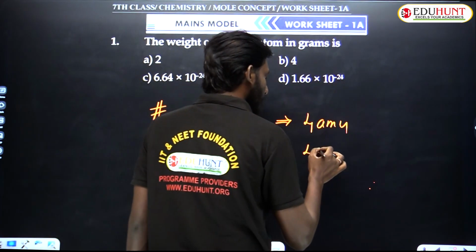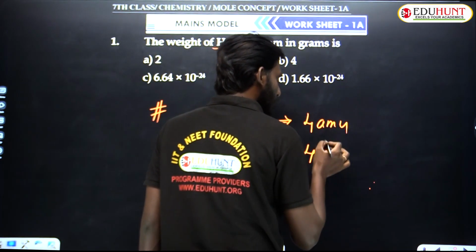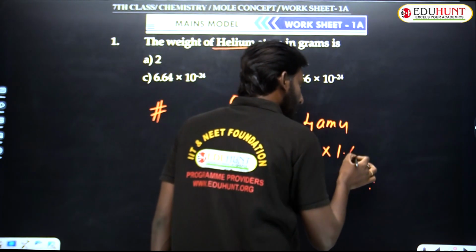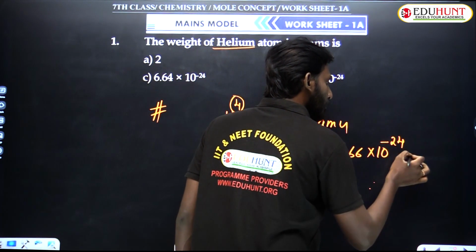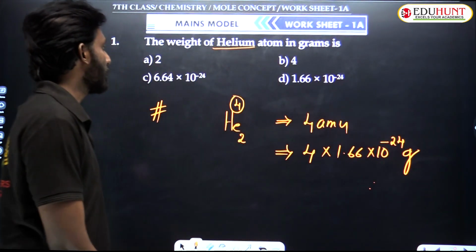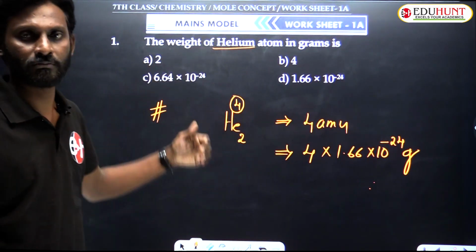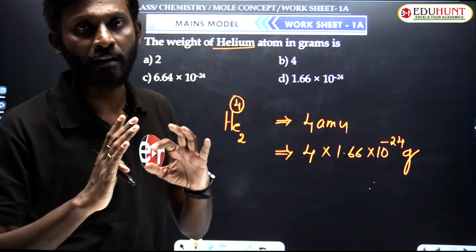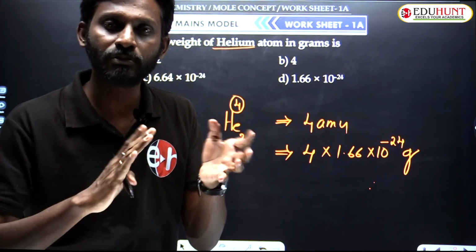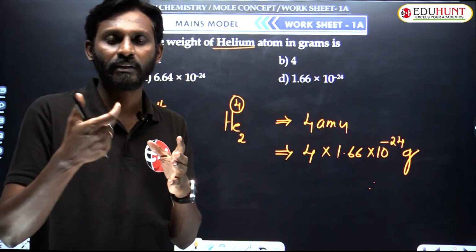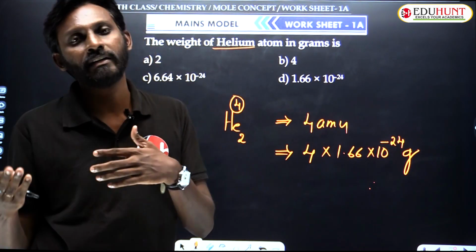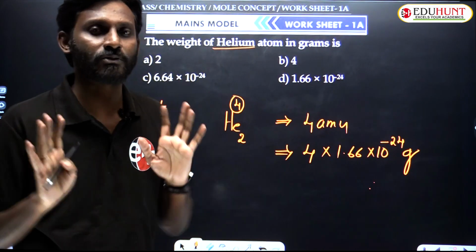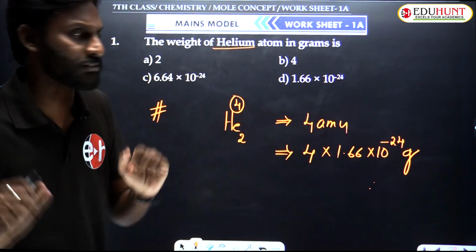That's the process. I told you already, weight and mass we use synonymously. In chemistry we generally use the word mass for weight and weight for mass. In physics there is some difference.